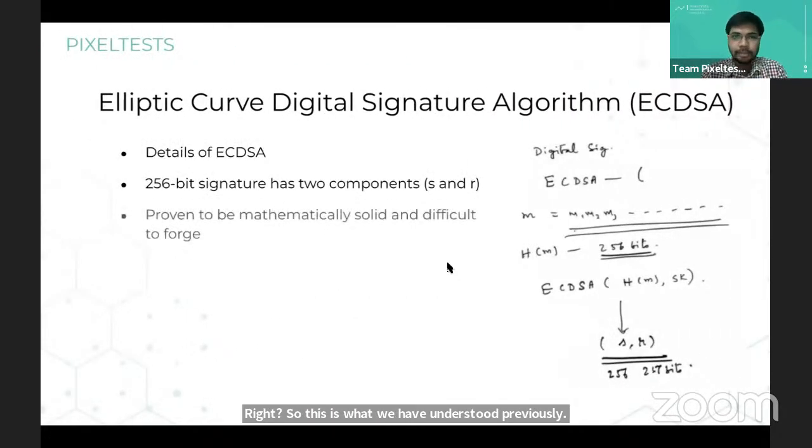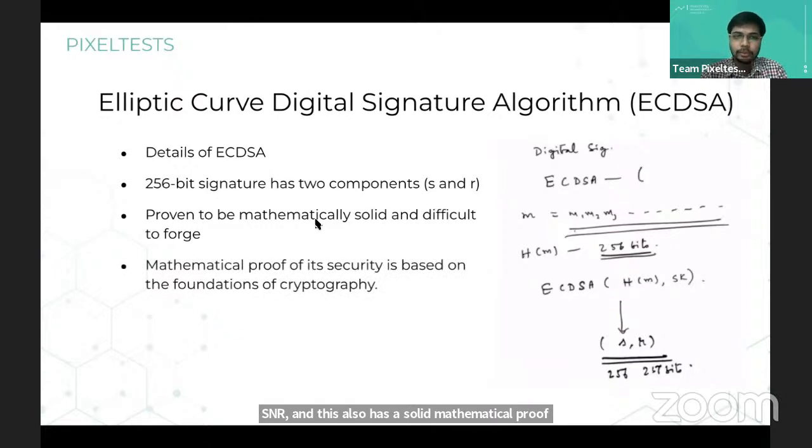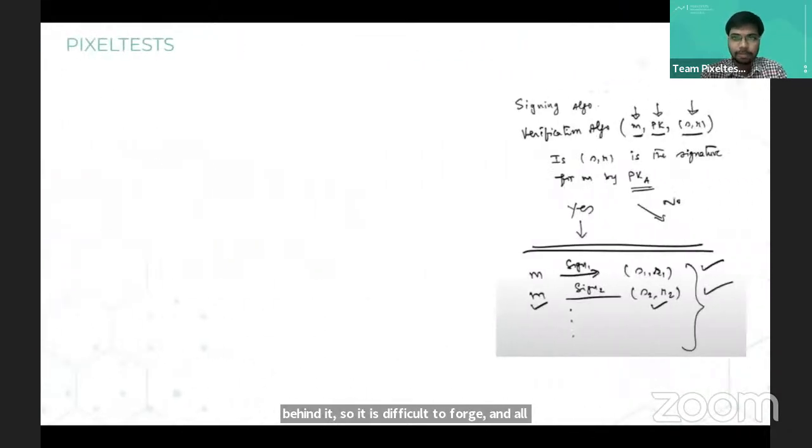The same thing, details of ECDSA. This is going to be a 256-bit signature, and every signature has these two components, S and R. This also has a solid mathematical proof behind it, so it is difficult to forge. All of this we have discussed previously.